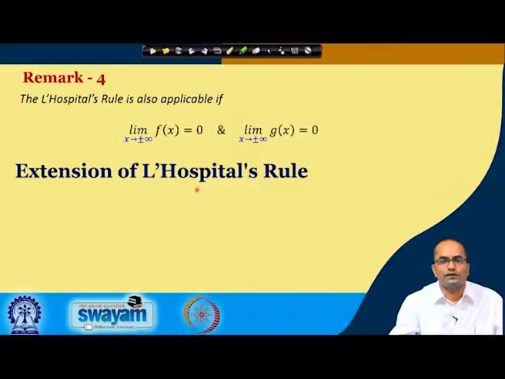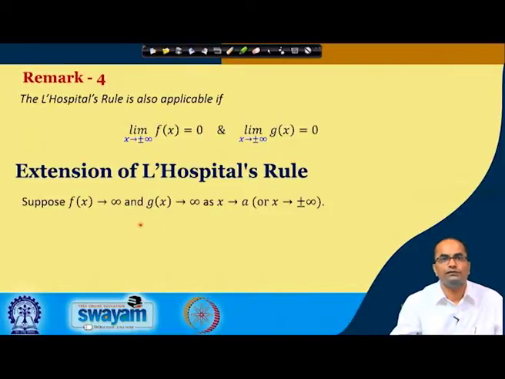Now, the extension of this L'Hopital rule to the infinity by infinity form. Suppose f(x) goes to infinity and g(x) goes to infinity as x goes to a, or x goes to plus or minus infinity, similar to the earlier case, but now the difference is that instead of f(x) going to 0 and g(x) going to 0, they both are tending to infinity.